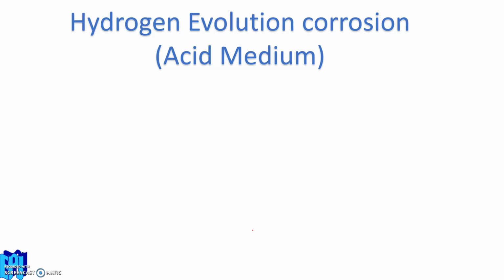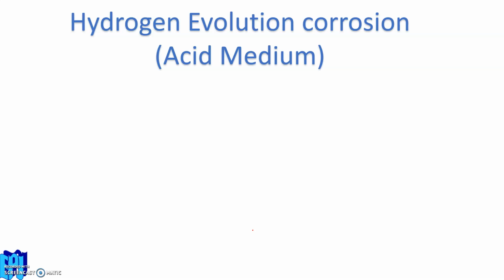Which means when this corrosion is taking place, we can surely say that a corrosion product is formed. Along with the formation of these corrosion products, hydrogen gas is evolved. That mechanism is known as hydrogen evolution corrosion.